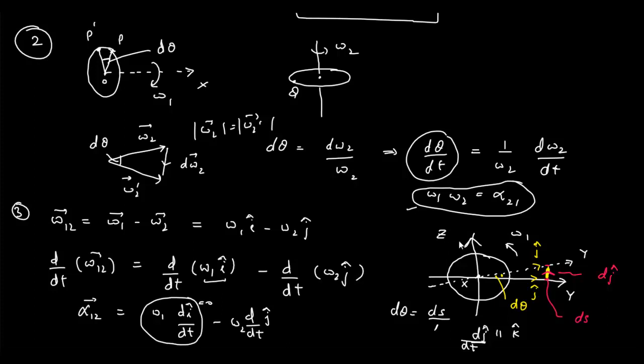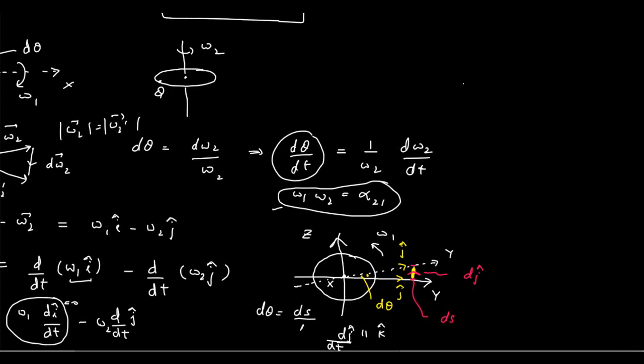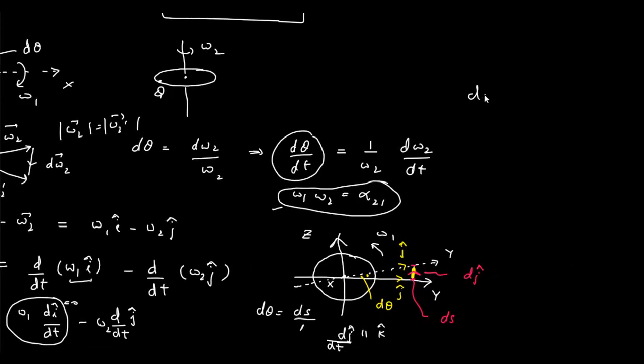Clear? And this dj is along this z-axis. Now this dj is a vector, and we know that a vector has a magnitude, and the magnitude is the length of this vector, so this magnitude is ds, and it has direction, and the direction is along z-axis. Here we have shown the direction of dj, that is along z-axis. So this part is the magnitude part, and this is the direction part. Clear?